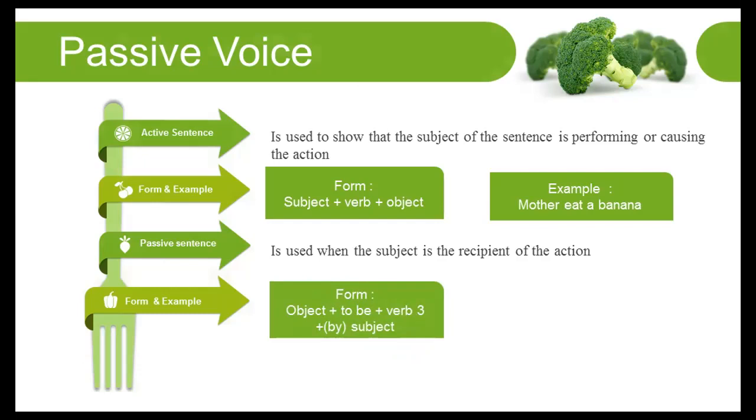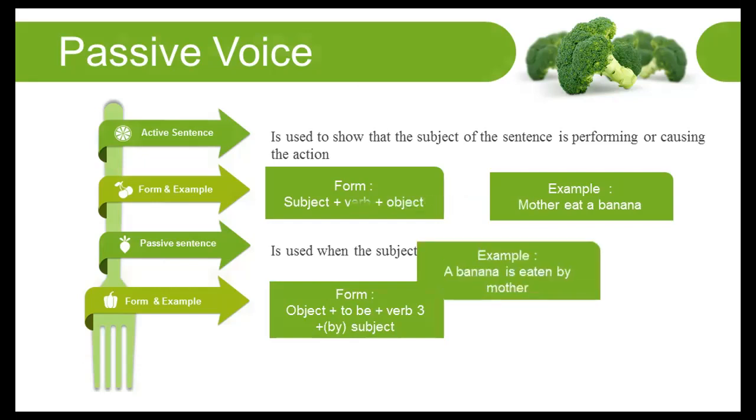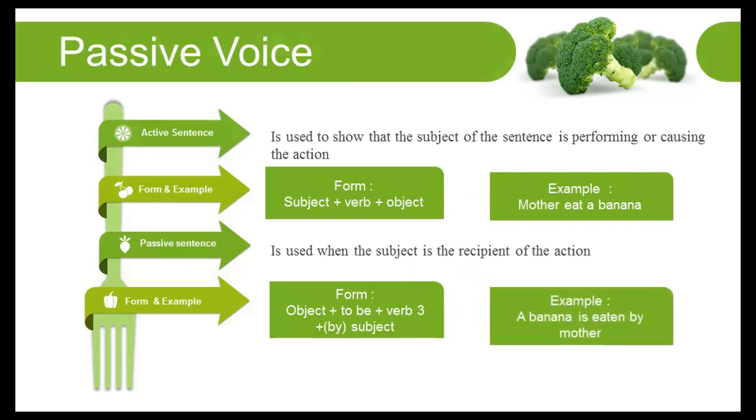And how about the example? We can make the example like the form. We look at the active sentence. The example is mother eat a banana. And for the passive sentence, we make it: a banana is eaten by mother.